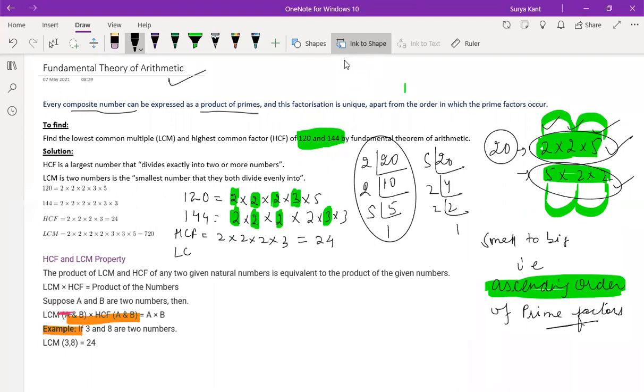What will be the LCM? LCM is nothing but the same HCF, and you should multiply the HCF with what? What are the pending numbers over there? Suppose HCF is 24, you write 24 as it is.